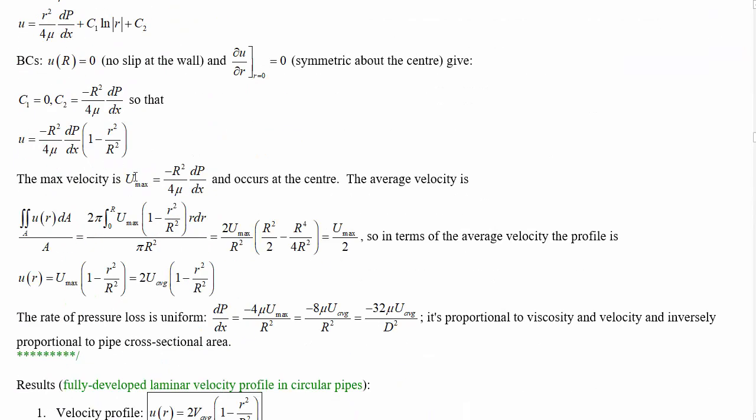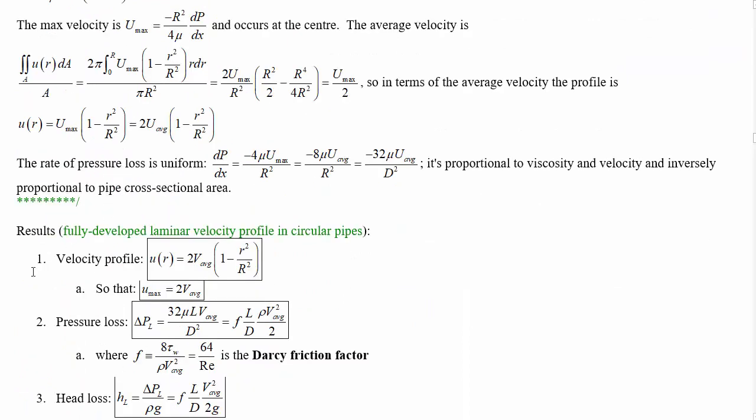Here's what we're going for at the end of that, so just a preview. We're going to figure out what the velocity profile is: it's 2 times the average velocity times (1 minus r squared over big R squared), r being the position from the center, so it's parabolic. And the max velocity is the velocity at the center, which turns out to be 2 times the average velocity across a cross-section.